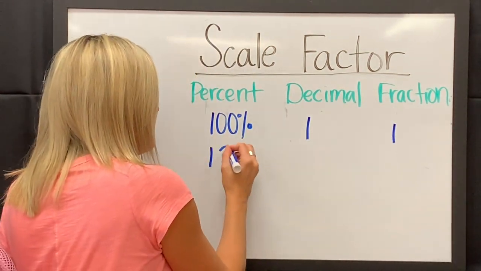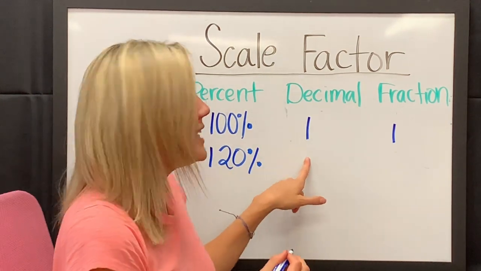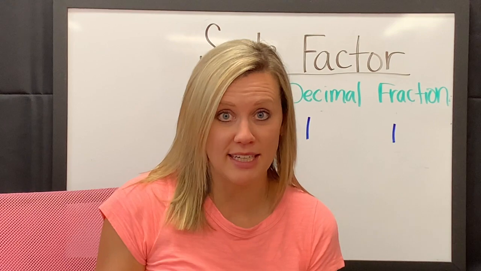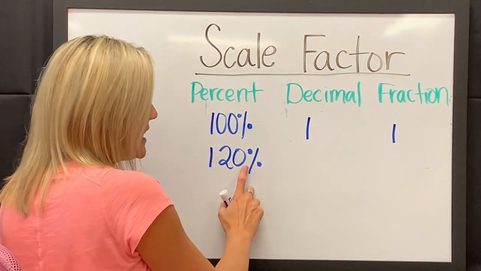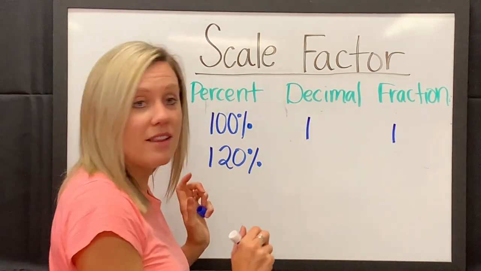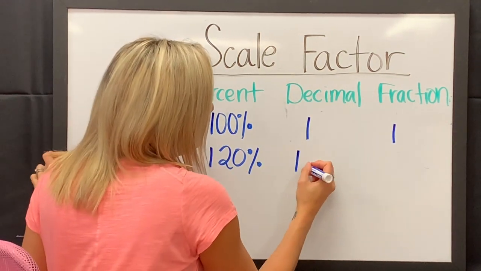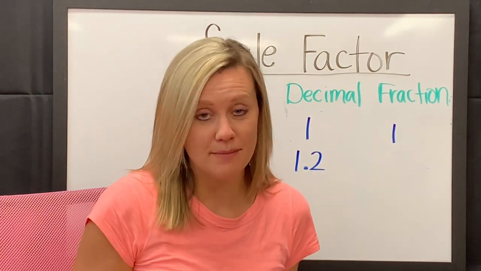The scale factor is also sometimes written as a decimal, and sometimes as a fraction. To turn this percent to a decimal, I'm going to take the invisible decimal that sits right here and move it 2 spots to the left, and I am going to get 1.2 or 1 2/10.